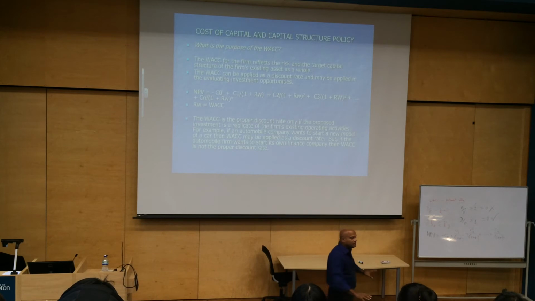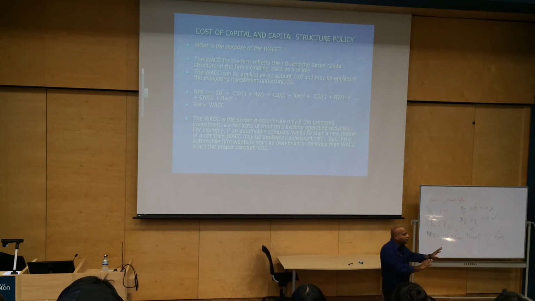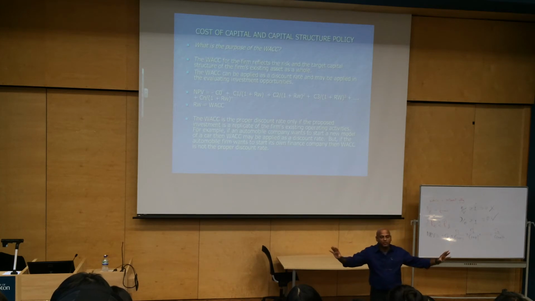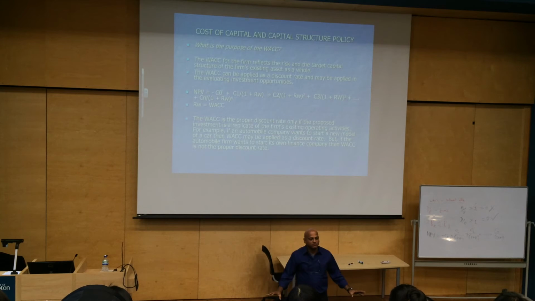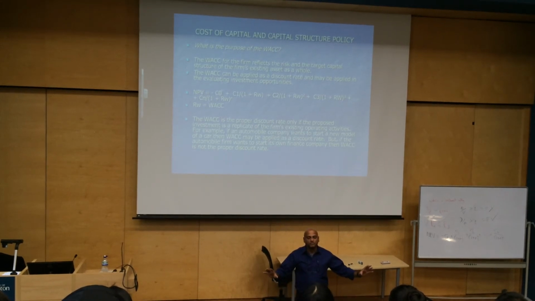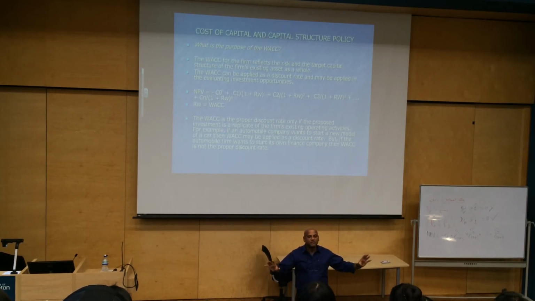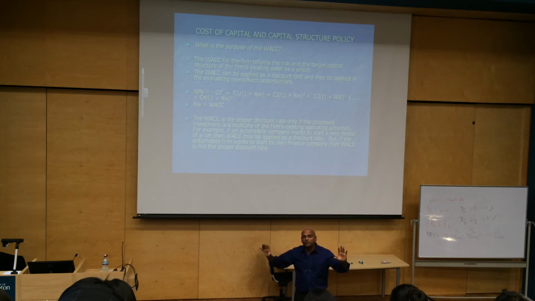IBM or Microsoft have computer factories everywhere, buying and selling all sorts of computer equipment. Suddenly they decide, let's go into real estate. Let's buy a piece of land in London and New York. They cannot use WACC then. But if they decide to start a new line of computers, compete with Apple, then they can use the WACC.